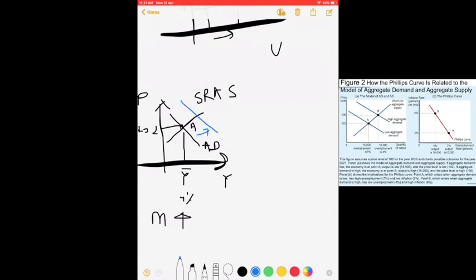When your aggregate demand moves forward, what happens is that a new equilibrium is decided, and at this new equilibrium, price levels are higher. Let's call them 105, and GDP increases. When GDP increases, unemployment falls. Let's say it falls to 3%.